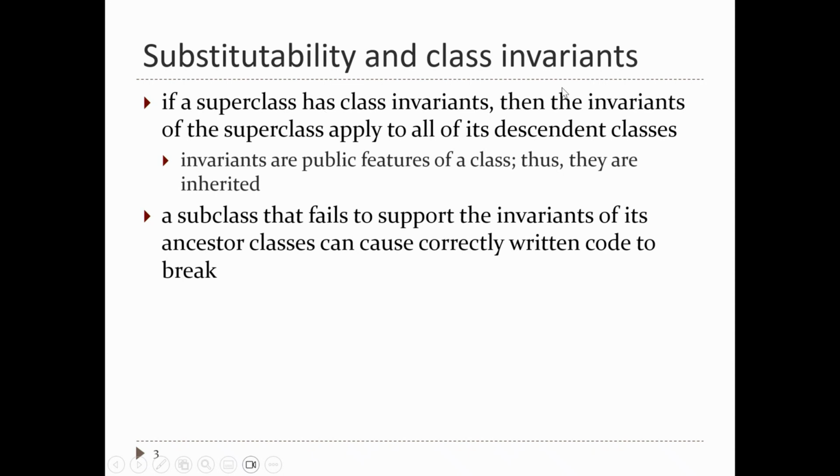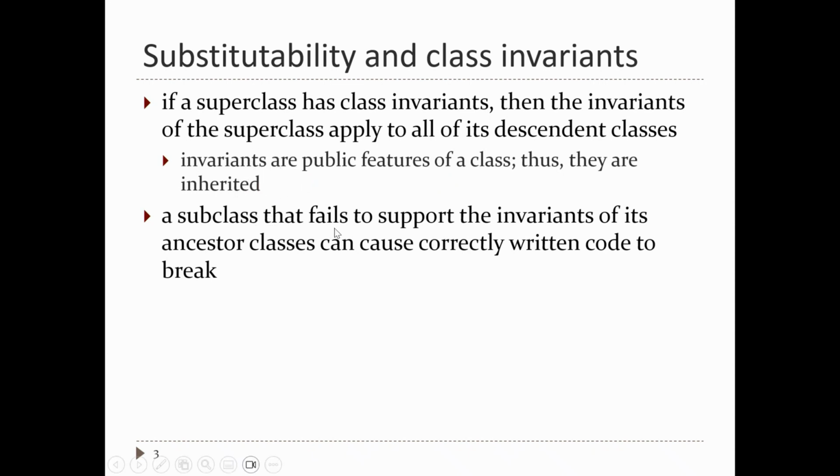So, in inheritance, you have to consider what are the class invariants of the superclass? What are the preconditions on the superclass methods? What are the postconditions on the superclass methods? If a superclass has class invariants, then the subclasses get those invariants as well. So the invariants of the superclass apply to all descendant classes. Invariants are public features of a class. They are inherited.